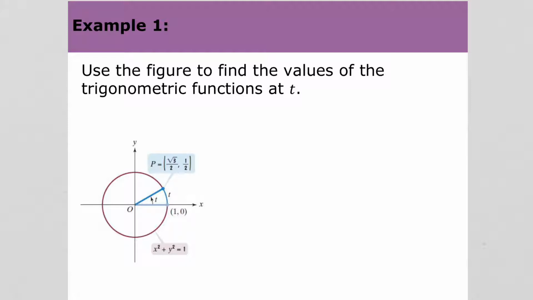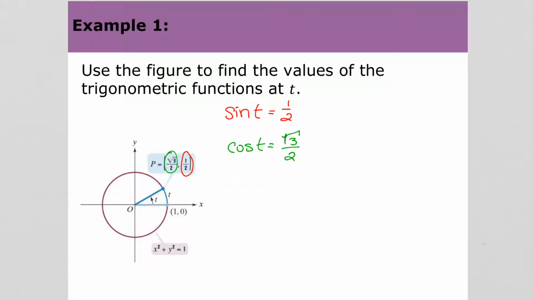So first, sine at point t, so sine t is the y value. So 1/2. Cosine is the x value, square root of 3 over 2.